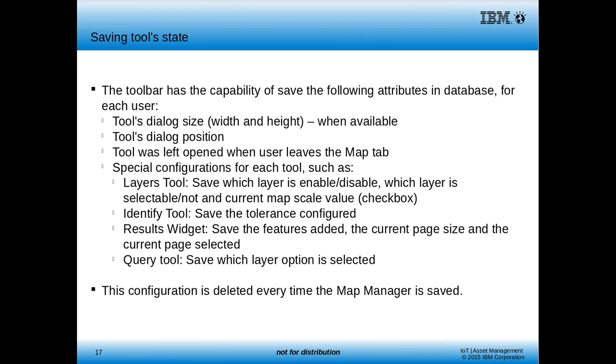For identify tool, you are saving the tolerance. Results widget, we save the features added to the results widget, also the current page size and the current page selected. And the query tool, we are saving the layer option, if the user selected the selectable layers or all layers or visible layers.